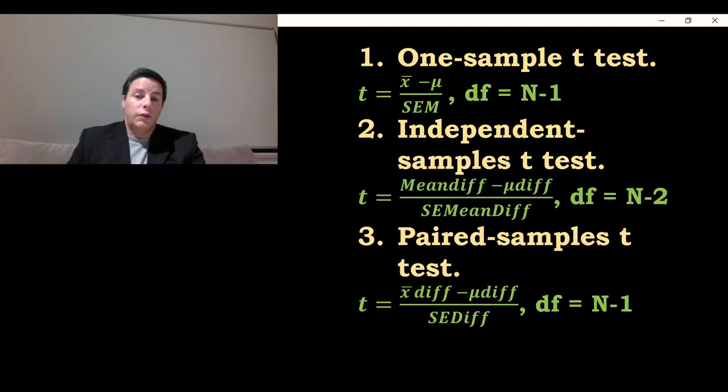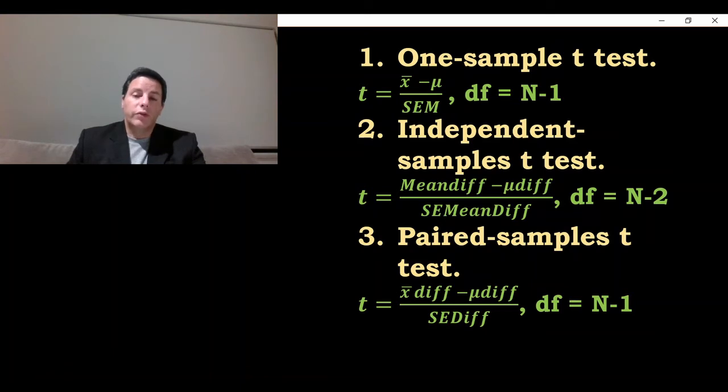Third test is the one that corresponds to the masterclass this week, the paired samples t-test. Now, the paired samples t-test, in a sense, is the same as the one sample t-test. Why is that? Well, look at the formula.